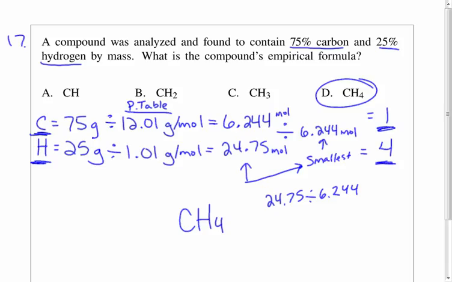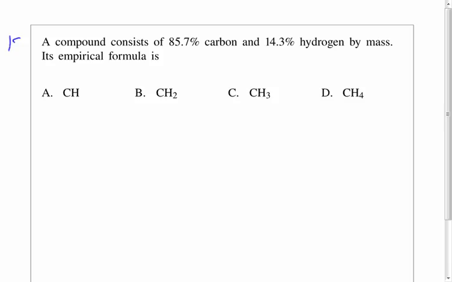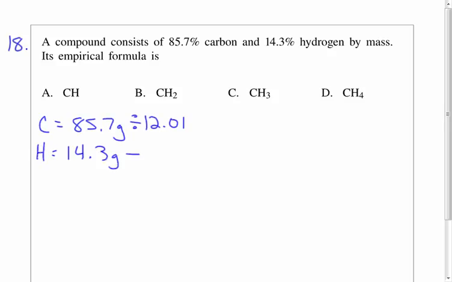And the next few problems are very, very similar. They all have carbon and hydrogen in varying percentages. So on number 18, carbon's 85.7%. We just change it to grams. We'll divide it by the molar mass from the periodic table. Hydrogen is 14.3 grams divided by its molar mass on the periodic table.